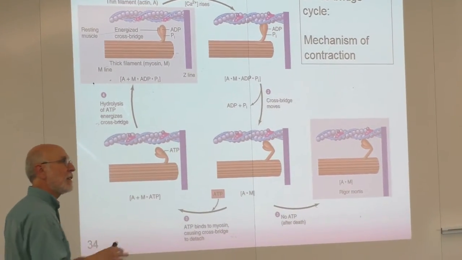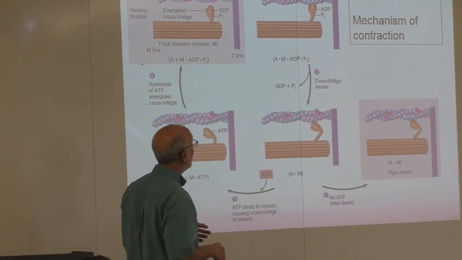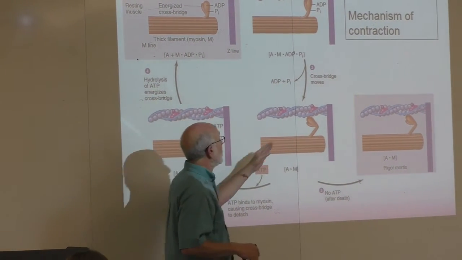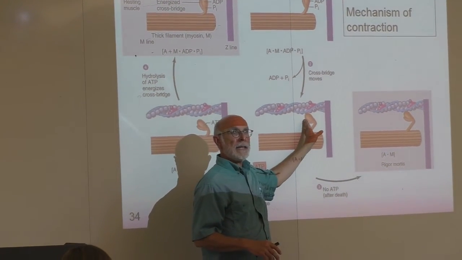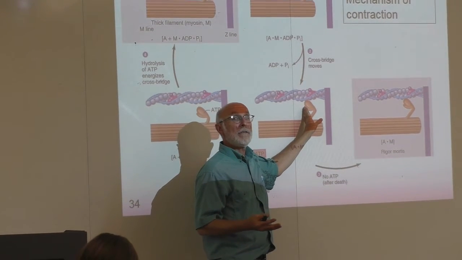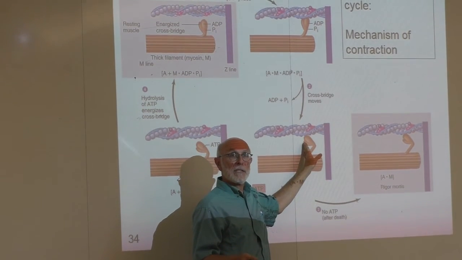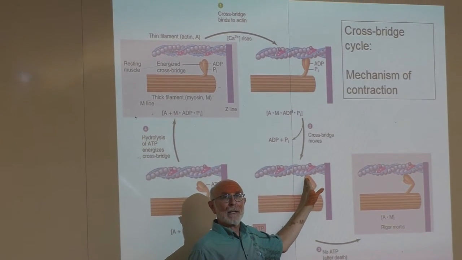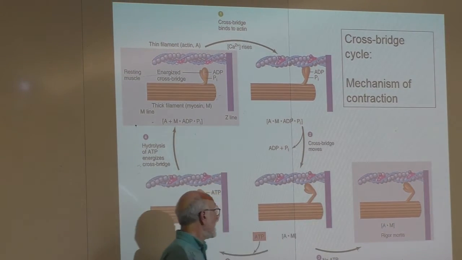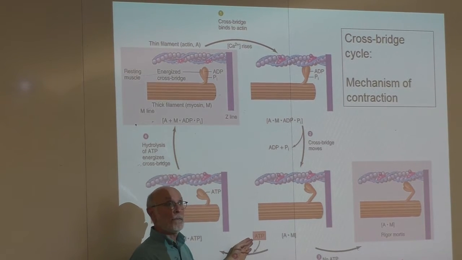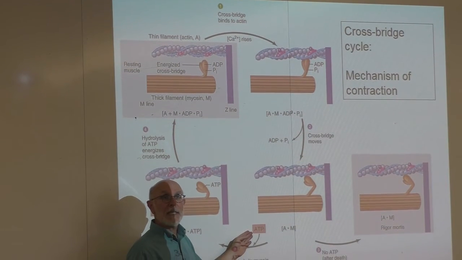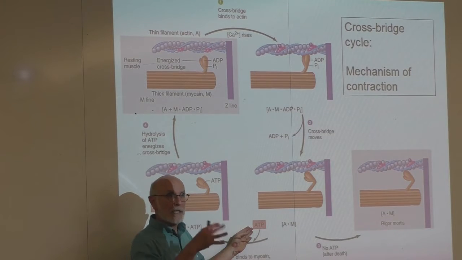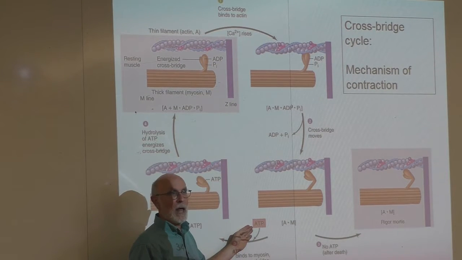Okay, let's finish the cycle. Now we have a configuration that is devoid of nucleotide, right? The ADP and phosphate have dissociated. There is an empty nucleotide binding site. If the cell is energetically viable, it has a lot of ATP. Your cells have a lot of ATP floating around in them if they're alive.